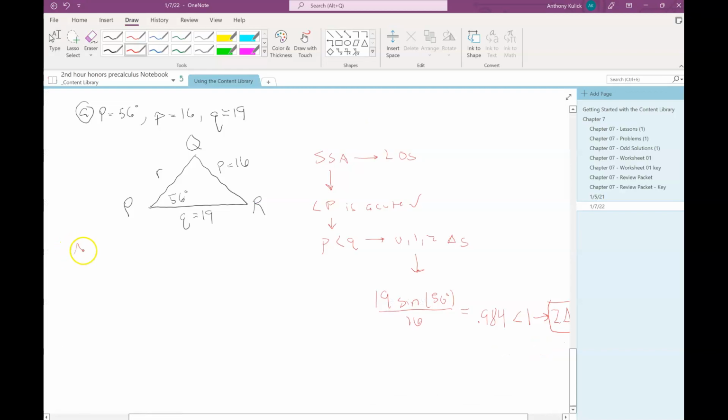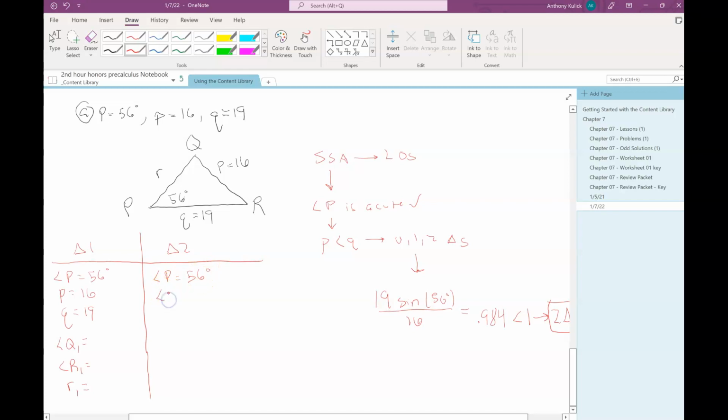Okay. So I'm going to make up a space to write down my answers for both of these 2 situations. I'm going to put a subscript on my angle Q, angle R, and side R to differentiate the answers in one triangle versus the other triangle.